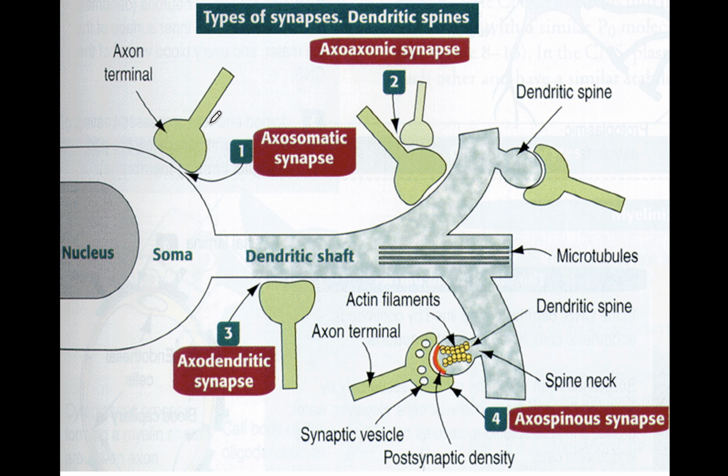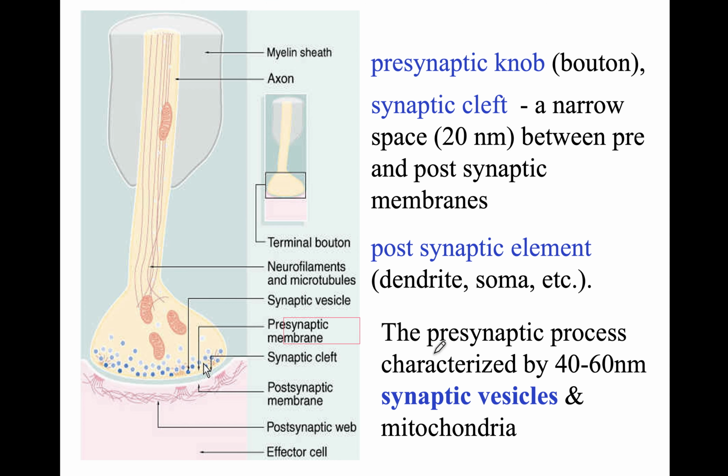So any contact between two neurons depends on which parts of the two neurons are in contact. Here we have the axosomatic, axon with the cell body; axon with dendrite, axodendritic. If we have this structure here, which is a dendritic spine found on the dendrite, we call it an axospinous synapse; dendrite with dendrite, dendrodendritic.